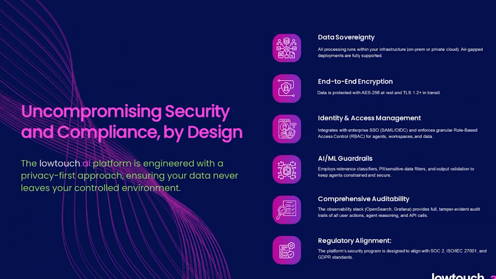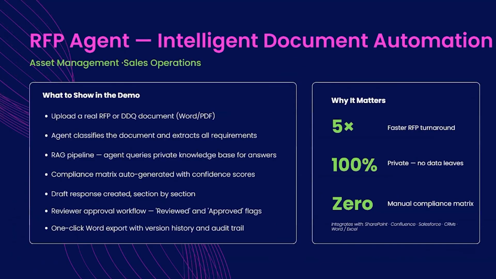We also discussed security and compliance by design: for any platform or agent we deploy, the necessary security measures are built in, like encryption, IAM, guardrails, and auditability. Now let's go to the agent-specific things.